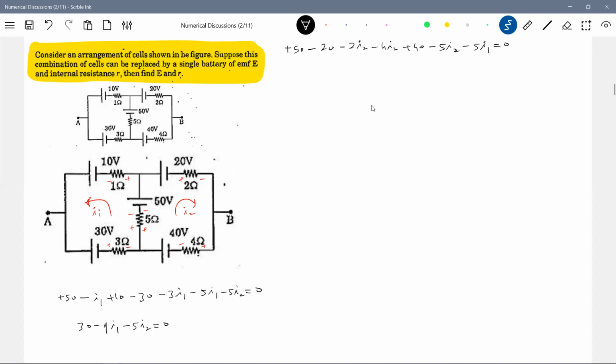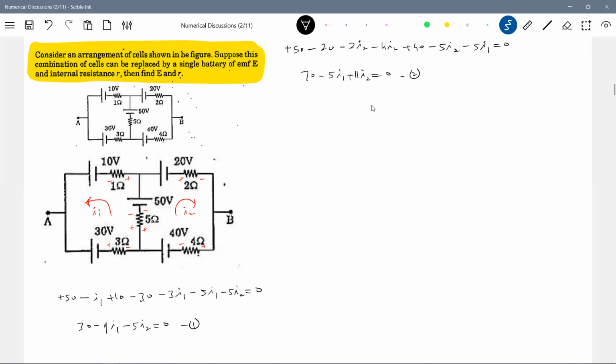So 50 minus 20, 90, this will be 70. 2, 4, 6, 11: 70 minus 5I1 minus 11I2 equal to 0. Solving 1 and 2, I'll get I1 and I2.